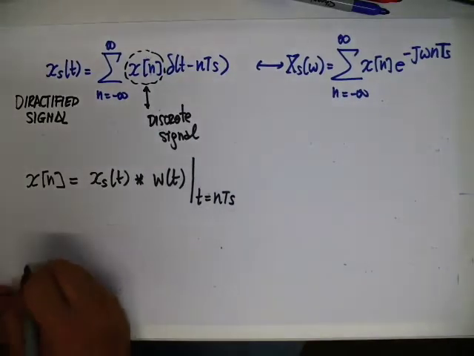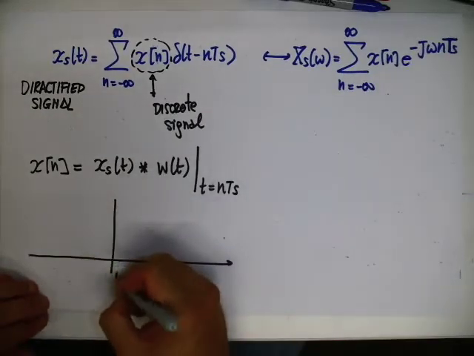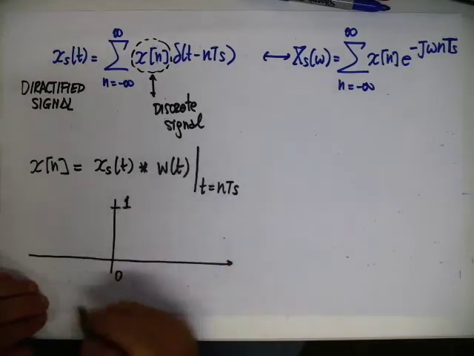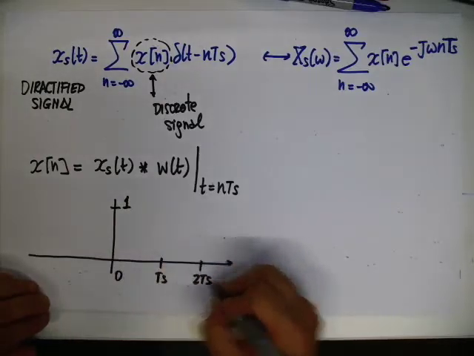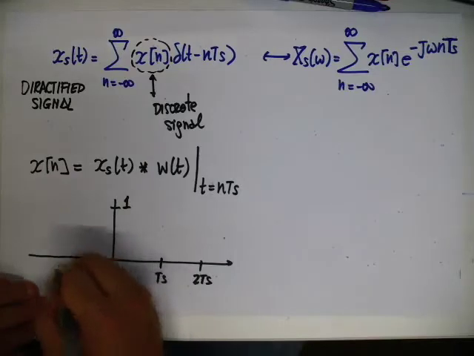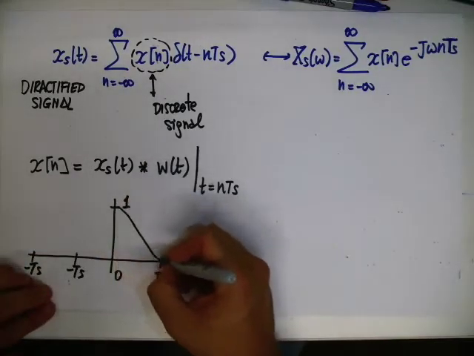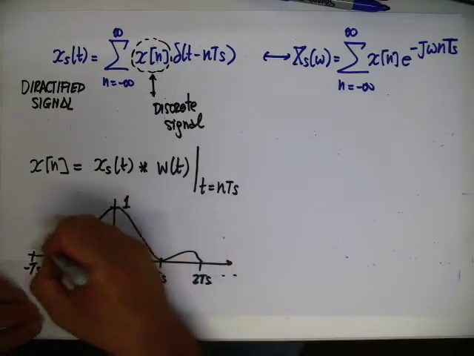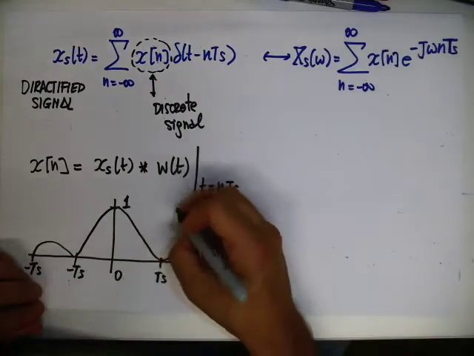And this window has to have some simple properties. It has to be 1 at 0, and at the sampling times it should be 0. And there are infinite choices for this window.